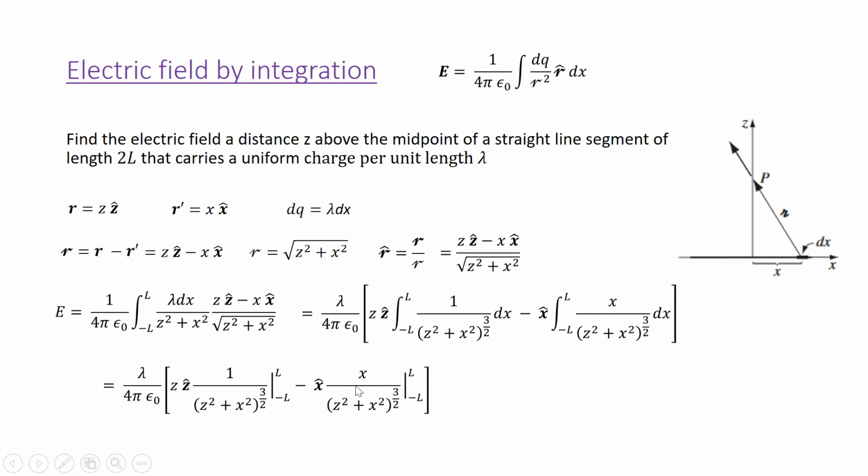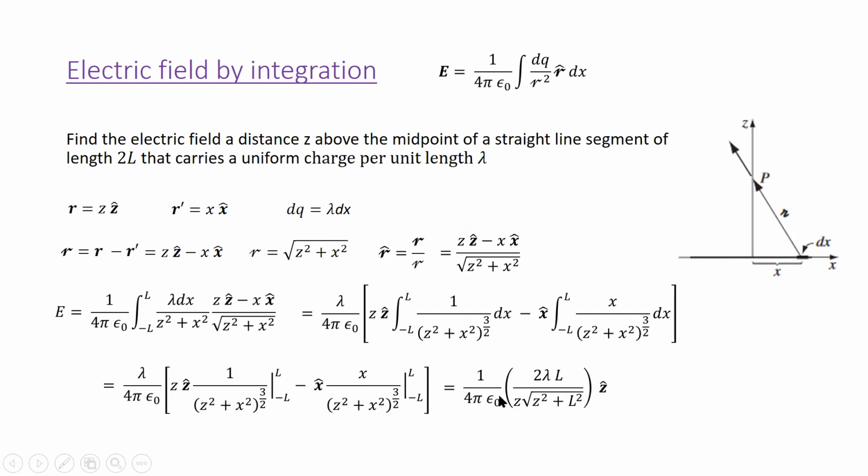Okay. And since x ranges from minus L to L, x is going to have an equal number of negative values on the left side as it does positive values on the right side. So as we do this integral, all these contributions are going to cancel. We're just going to be left with this integral over here.